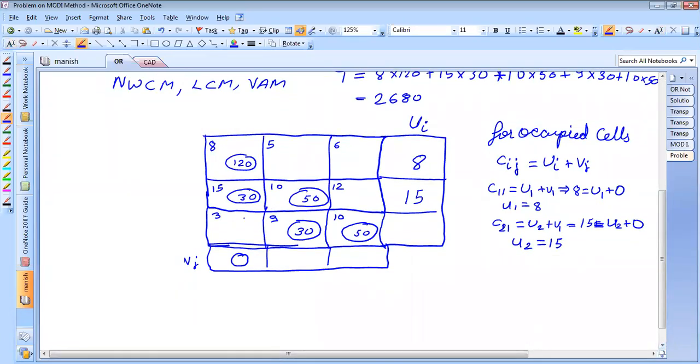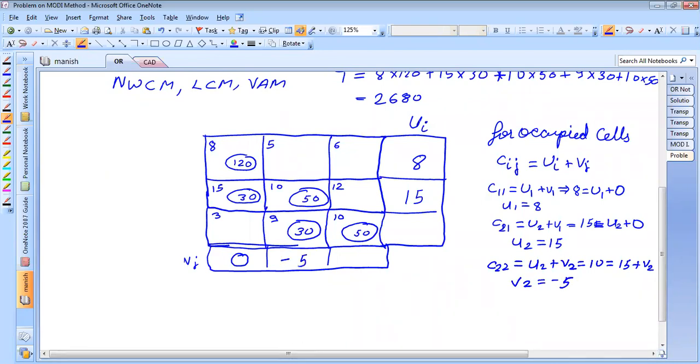Then similarly, I can write C22 is equal to U2 plus V2, implying that 10 is equal to 15 plus V2, implying that V2 is equal to minus 5.